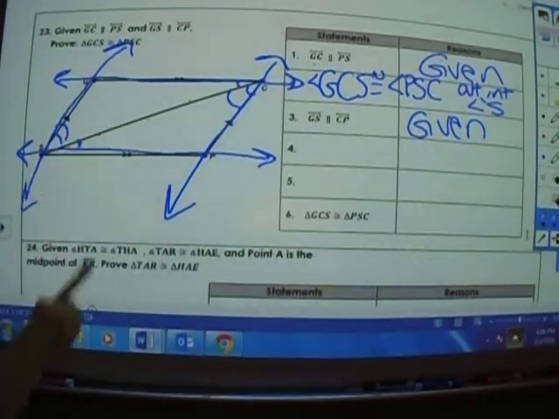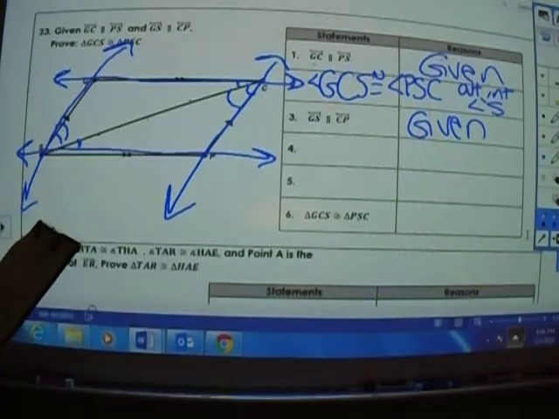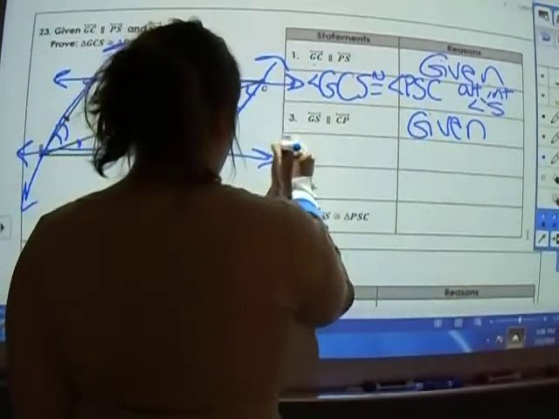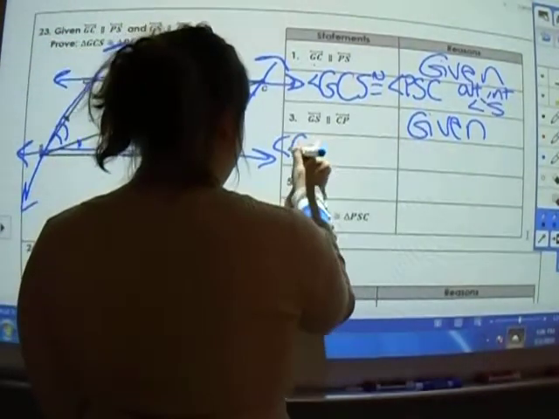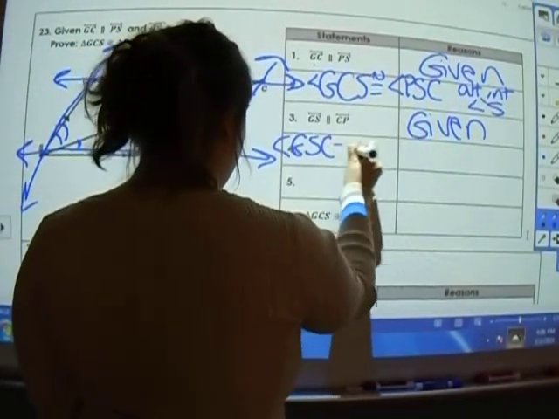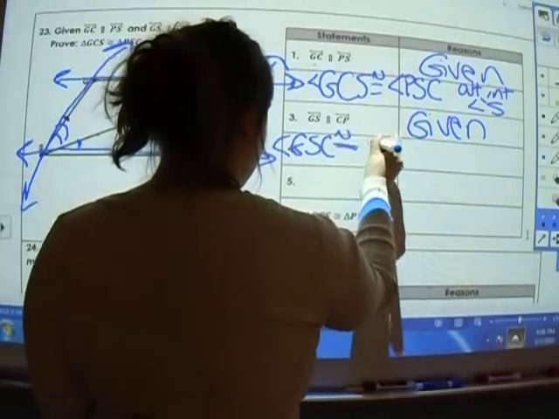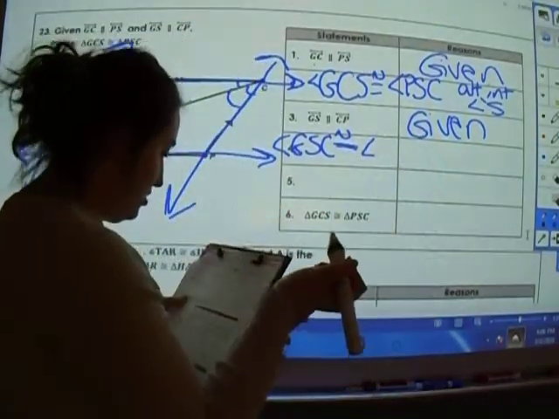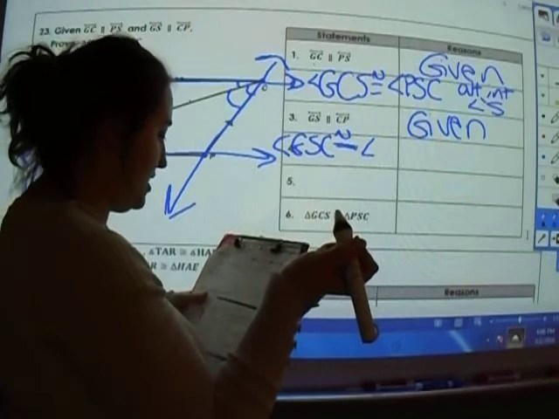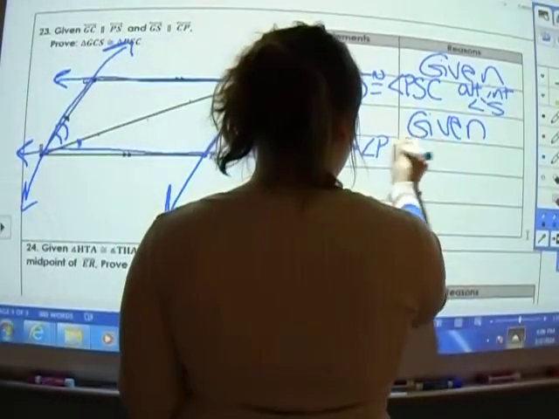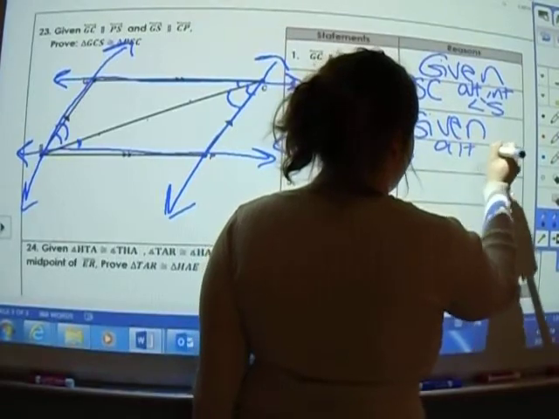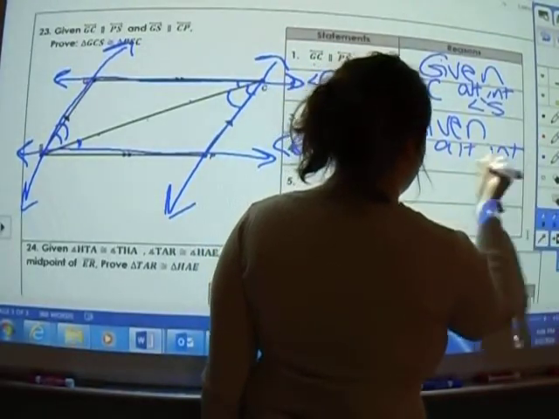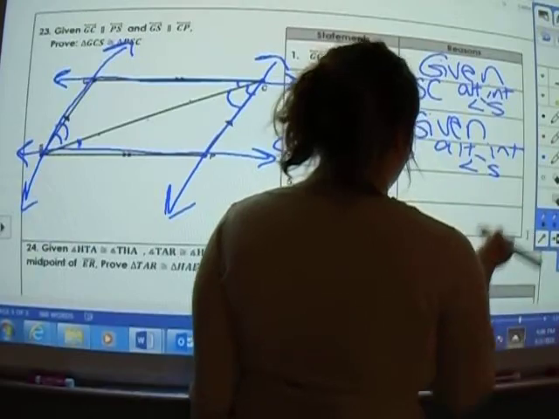So that gives us angle GSC is congruent to angle PCS. Okay? And once again, this is because they're alternate interior angles.